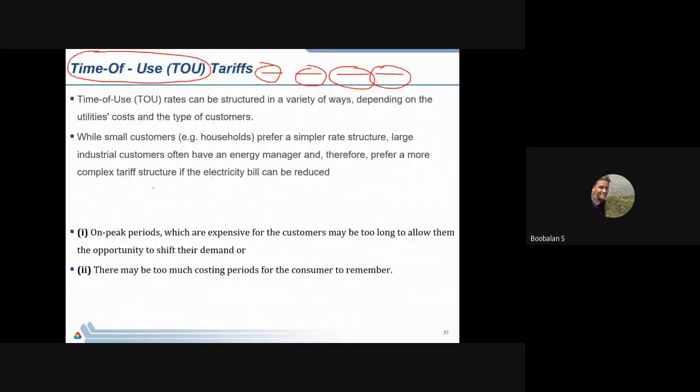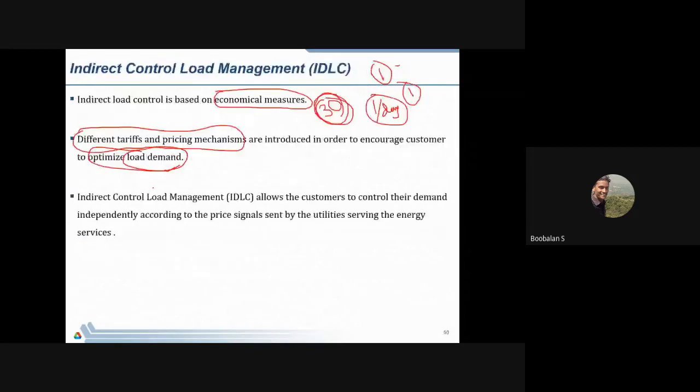Now we are moving into one more new topic.